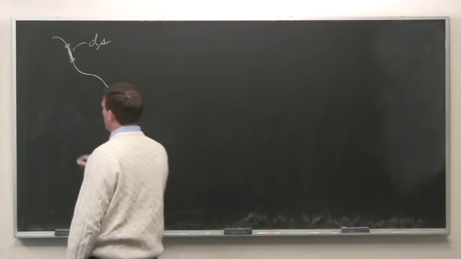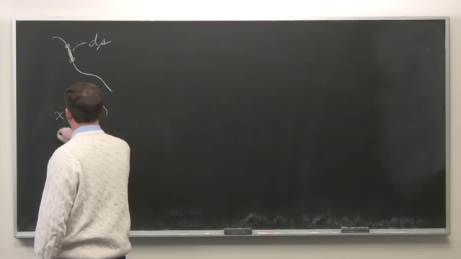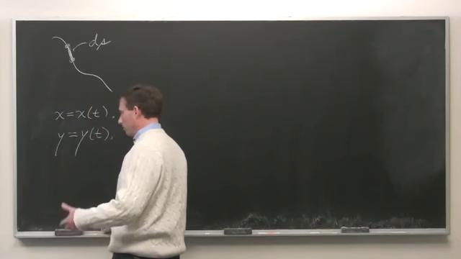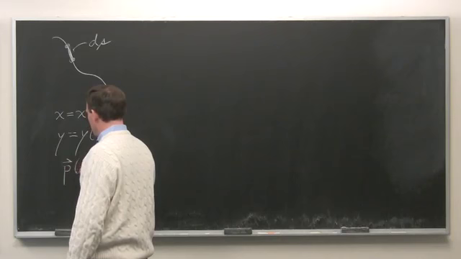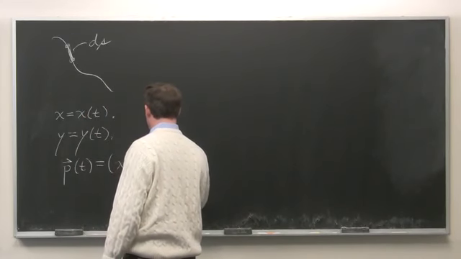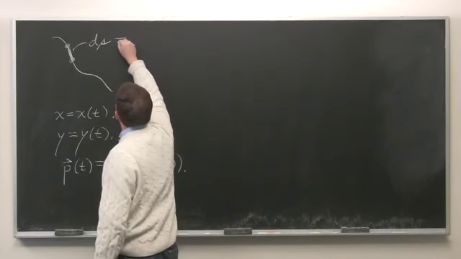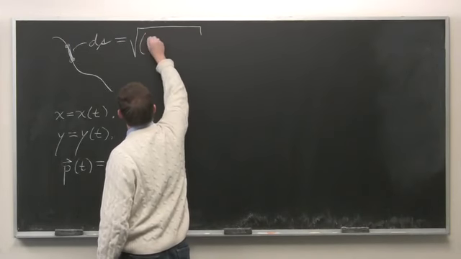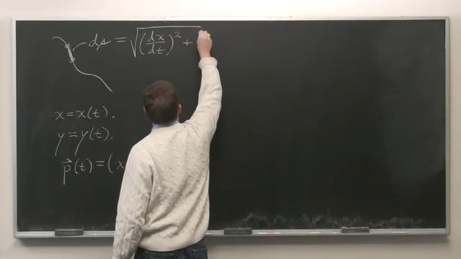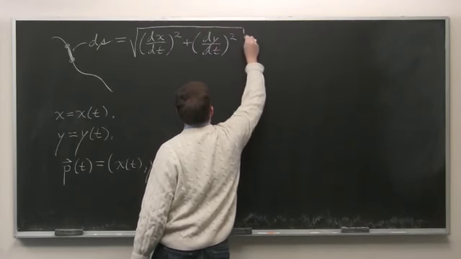One was if you had the curve parametrized by x equals x of t, y equals y of t, or if you prefer vectors, the position vector p of t is x of t, y of t. If you had the curve parameterized like this, then ds was the square root of, you take dx dt squared plus dy dt squared, and then multiplied times dt.